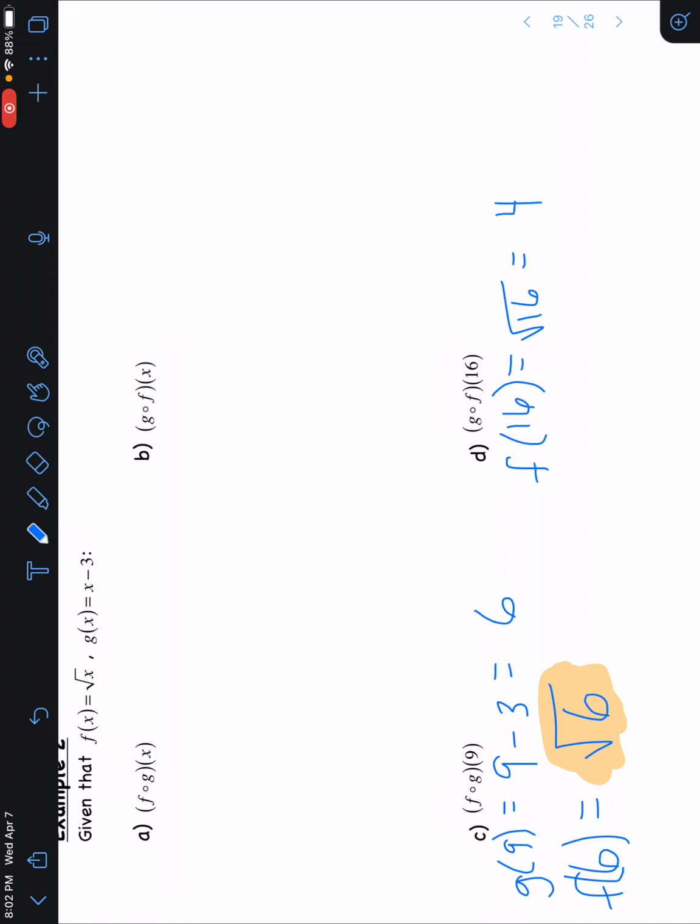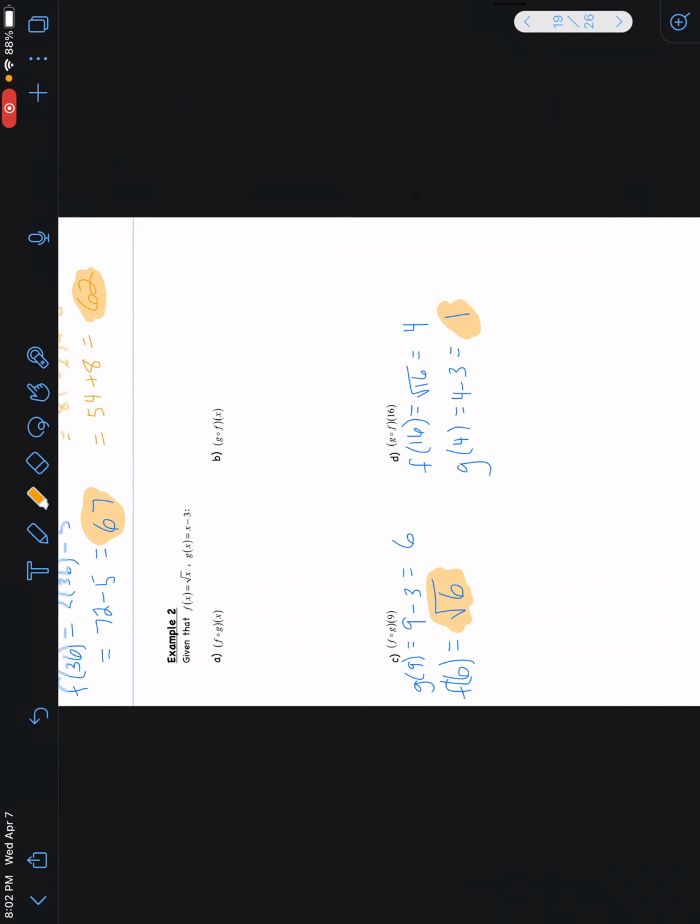Now what am I going to do with that 4? So you should be thinking, I'm going to take that 4, and now it's going to go in for function g. So g of 4. Function g at the top of the screen is x minus 3. So that'll be 4 minus 3 is 1. And there's the solution to the problem, 1.